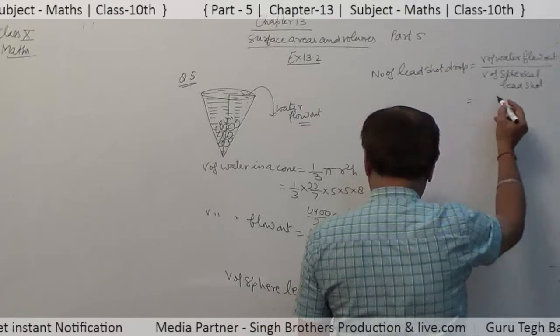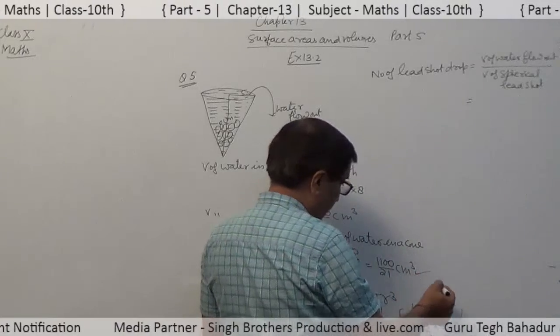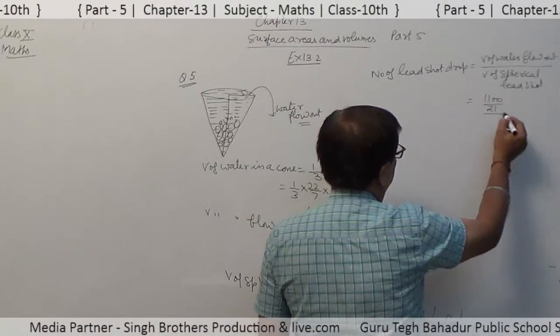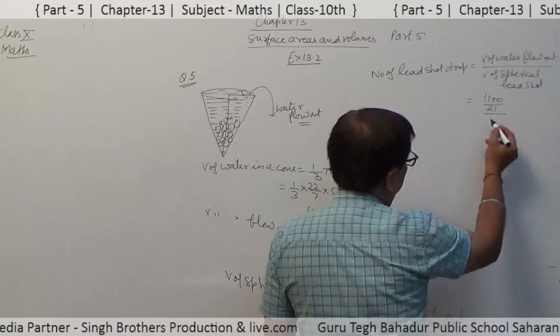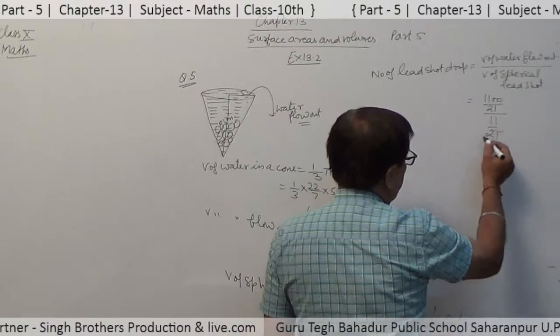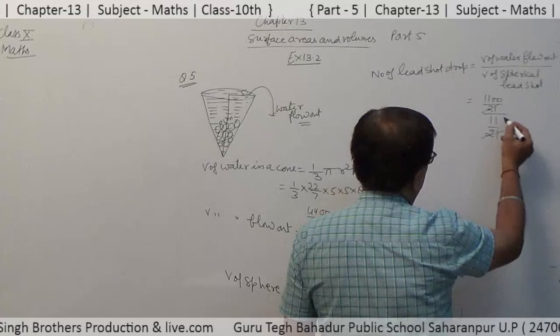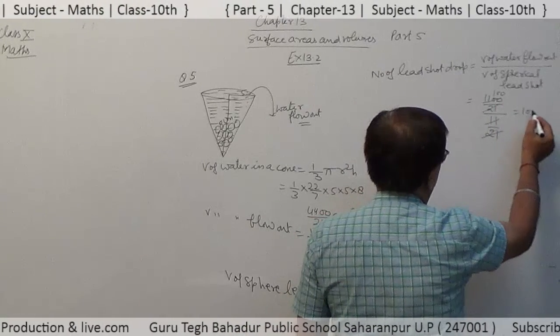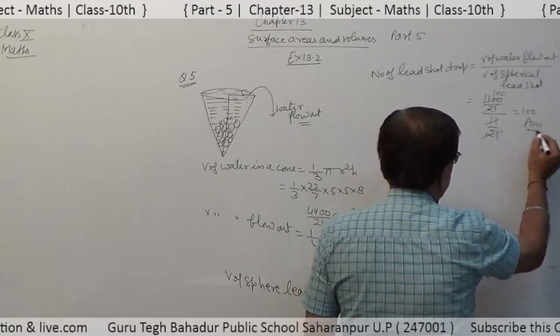So it is equal to 1100 upon 21 divided by 11 upon 21. 21 and 21 cancel, 1100 divided by 11 is 100. That is the answer.